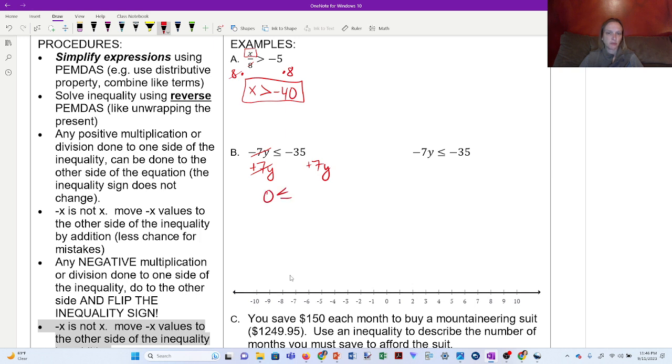On this side, I have negative 35 plus 7y. Now I want to get rid of the 35. I'm trying to get y all by itself, so I'm going to add 35 to both sides. Negative 35 plus 35 is just 0, so I'm left with positive 7y on the right side and 35 on the left side. If I divide both sides by 7, I end up with 5 is less than or equal to y.